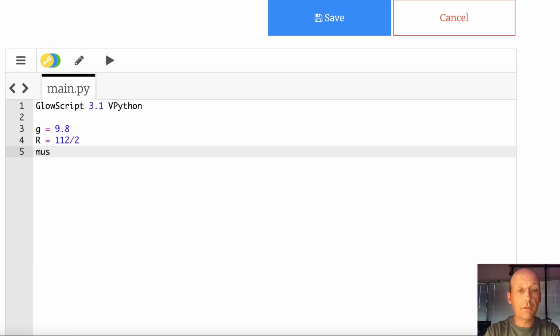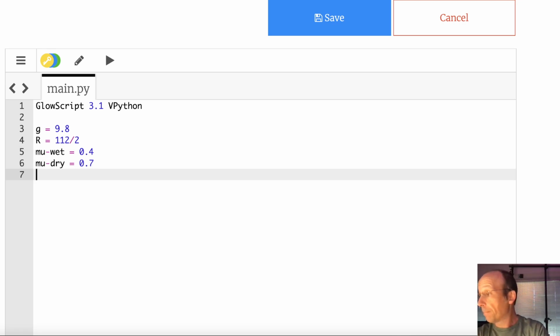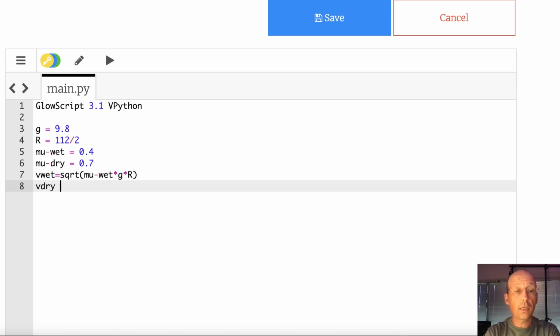Mu s, let's just call it mu wet, equals 0.4. Mu dry equals 0.7. That's all I need. So now let's calculate V wet and then V dry. V wet is going to be equal to the square root of mu wet times G times R. And then V dry is going to be equal to the square root of mu dry times G times R.